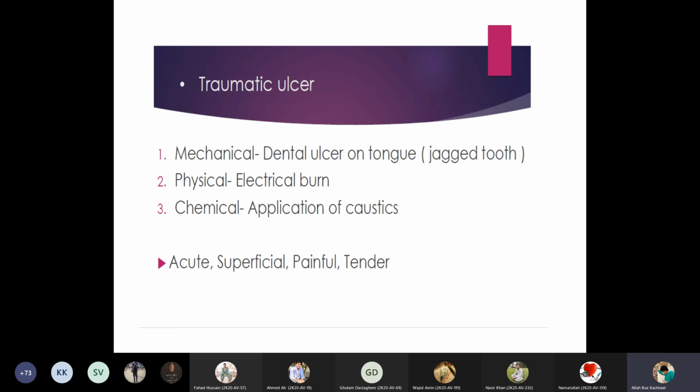Ulcers caused by mechanical, physical, or chemical means are known as traumatic ulcers, which are acute, superficial, painful, and tender.